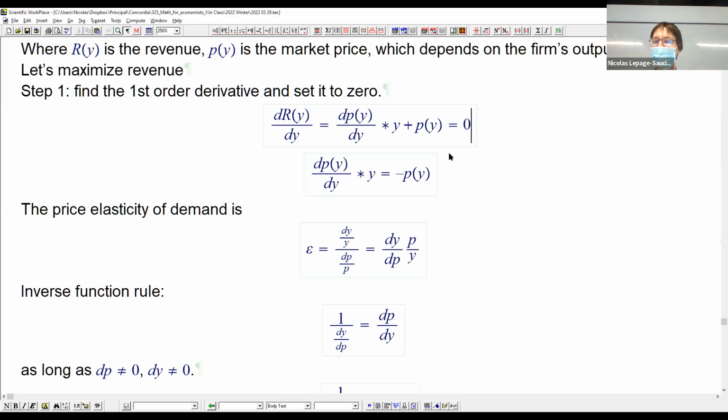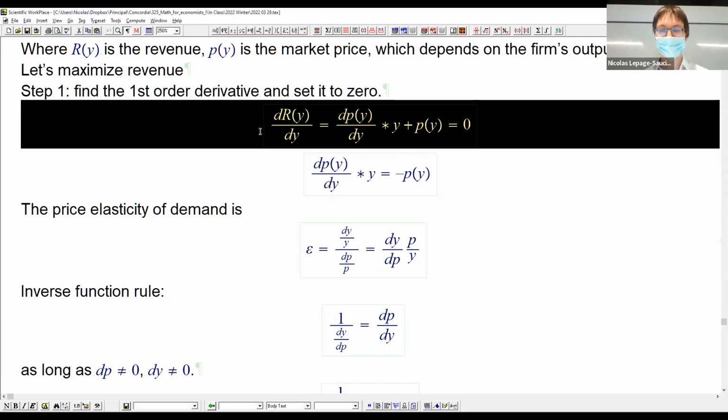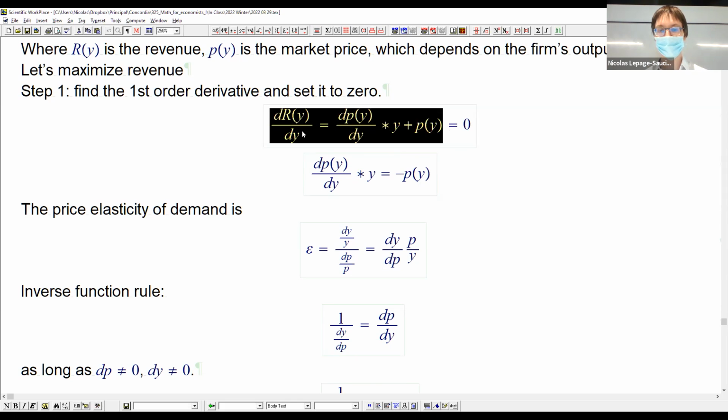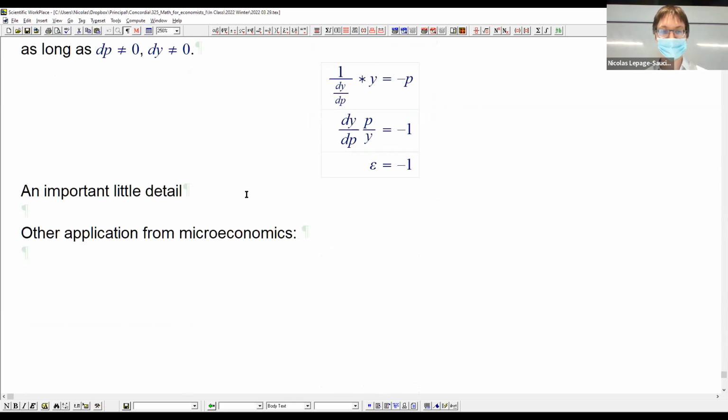It's always take the second derivative. Yes, thank you, Mr. Santa Maria. So we take the second derivative. We know that the first derivative of the revenue is this.